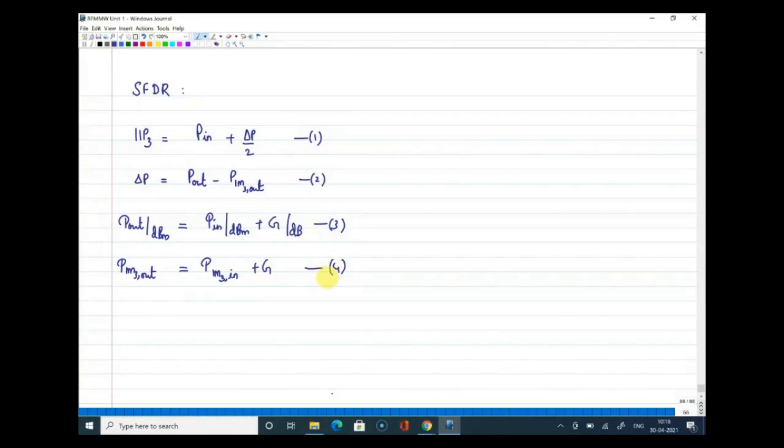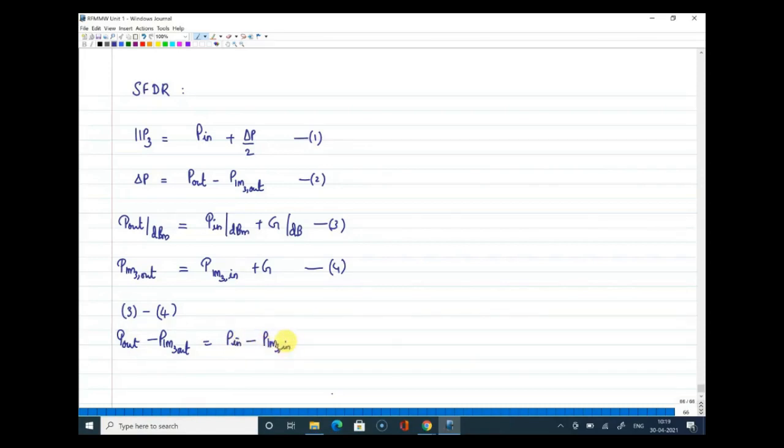Now, if I do equation 3 minus equation 4, I can write output power in dBm minus IM3 power at the output. Definitely all power levels are in dBm only. So P out minus P IM3 out can be equated to P in minus P IM3 in.